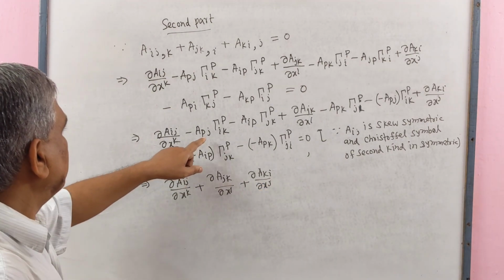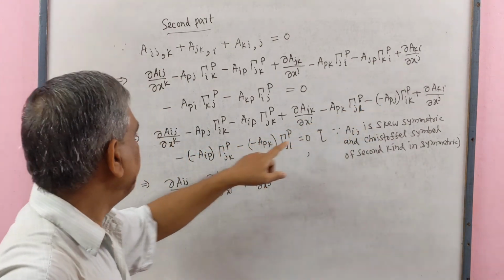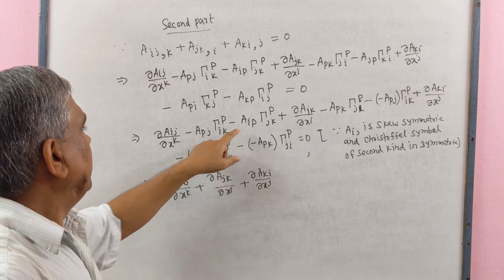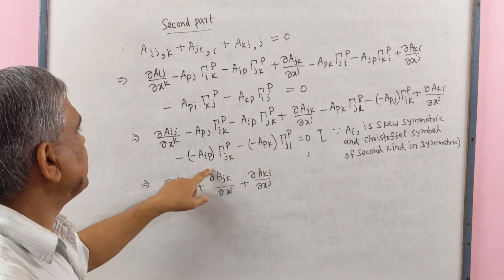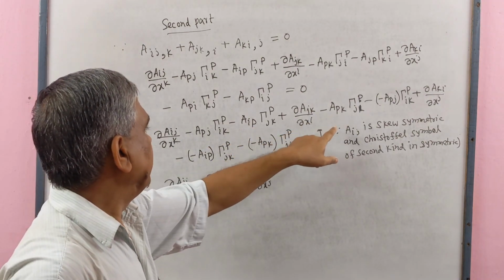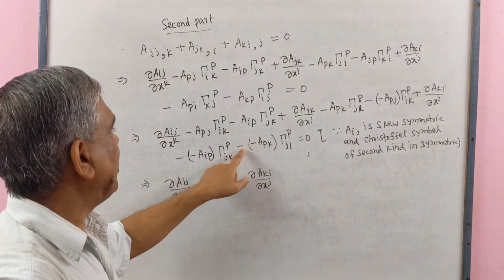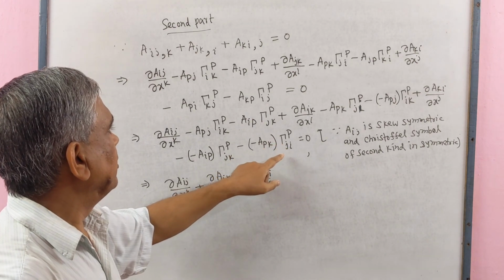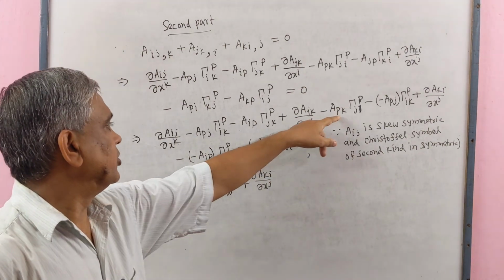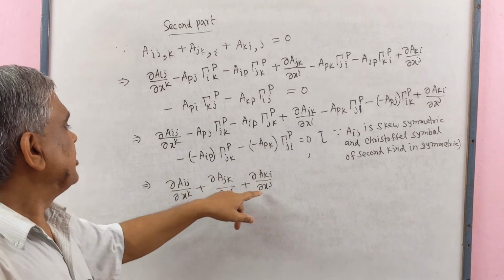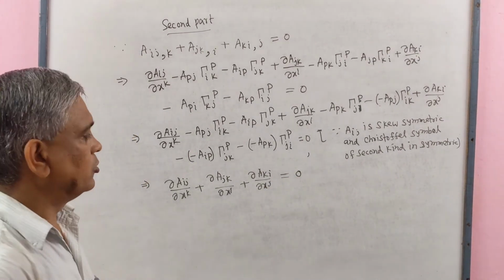Here we see that the terms plus minus minus plus cancel, and this a_ip here minus minus plus, so this and this term cancel. Here minus a_pk Christoffel symbol of the second kind, here plus a_pk Christoffel symbol of the second kind, so this and this term cancel, and only the partial derivatives remain. This is equal to 0. So proved.